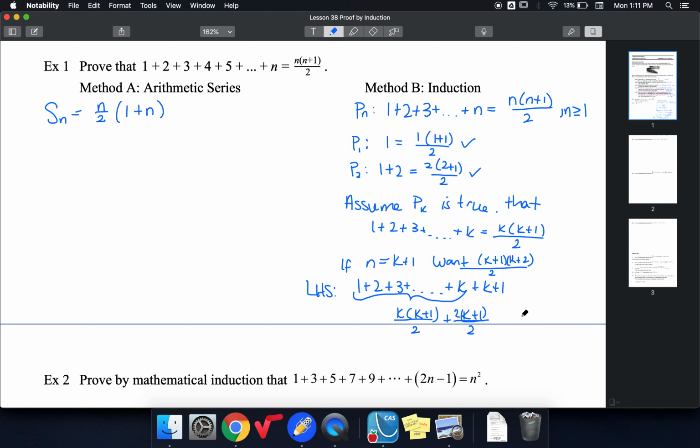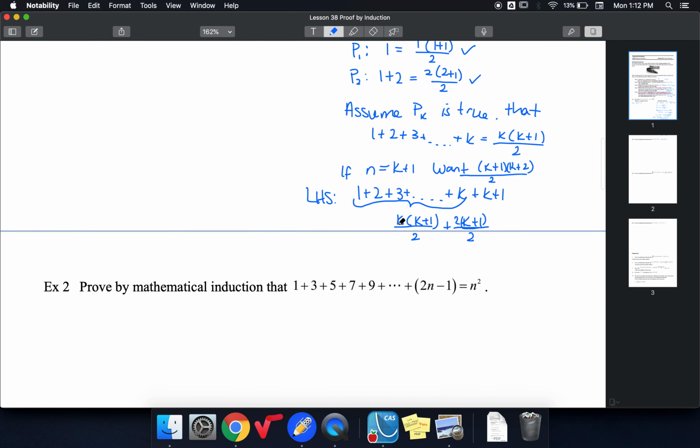On the left term, I have k squared plus k. Over here, I have 2k plus 2, all over 2.